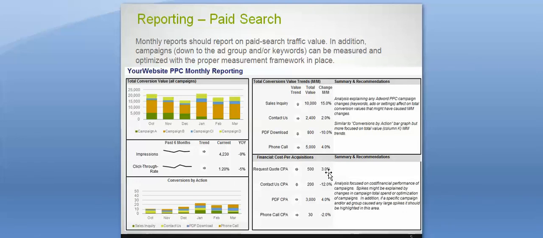So if the value, for an example, let's take a different one now, phone calls. Let's say we received 50 phone calls and valued them at 100 each. That's 50,000 here. Well, the value of the phone call goal conversion the paid per click brought in was 5,000 for last month.